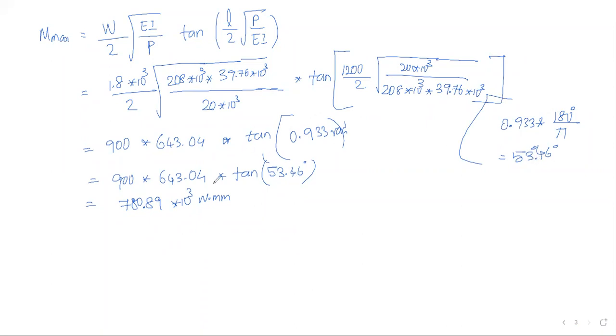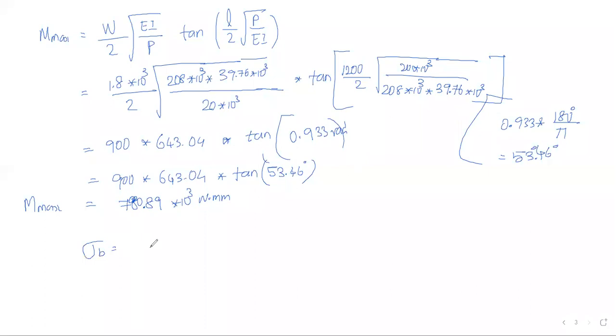If I substitute these values, I get the M max value as 780.89 into 10 cube newton mm. Next I have to substitute the remaining values, M max and the I value.